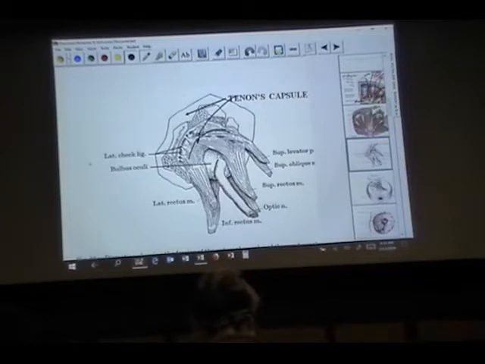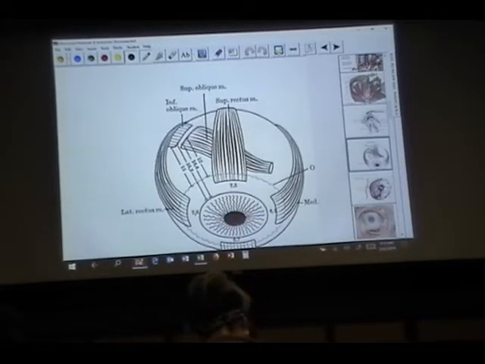So all of this in here, this is Tenon's capsule. Here are the muscles as they attach to this area. They attach in relationship to this little coronal radiation that surrounds the area.